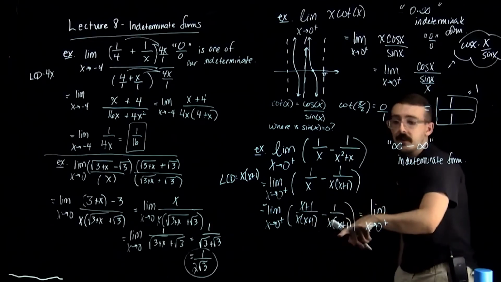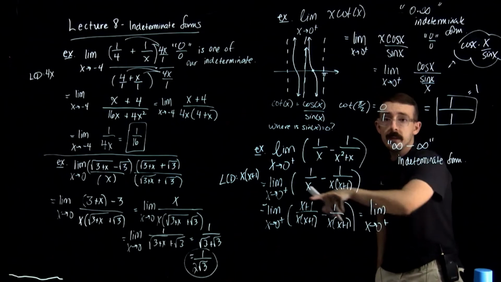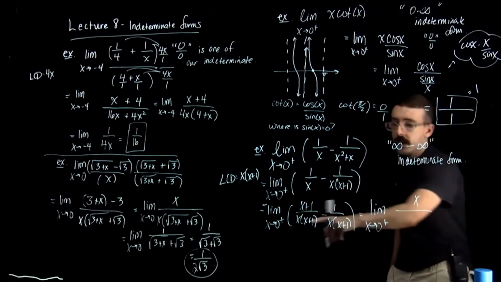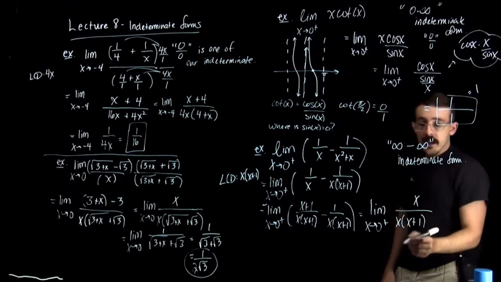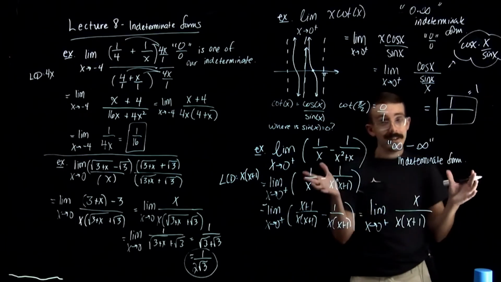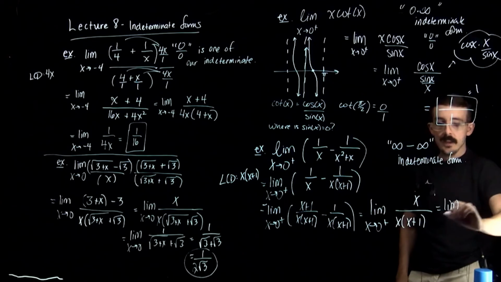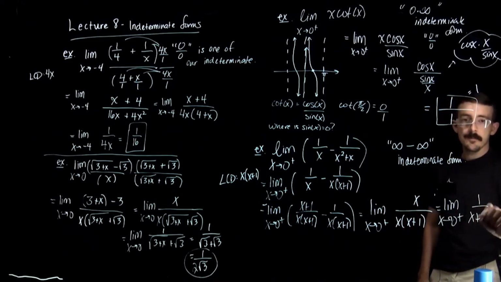Now that they have the same denominator, you can put these together. x plus 1 minus 1, if I simplify the numerator, it's going to be x over their shared denominator, which is x plus 1. If you notice at this stage, I still can't plug in 0 because I'd get 0 over 0. But we have the cancellation, which is very nice. So we get the limit as x goes to 0 on the right of 1 over x plus 1.